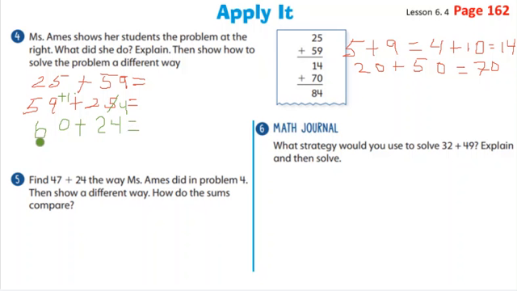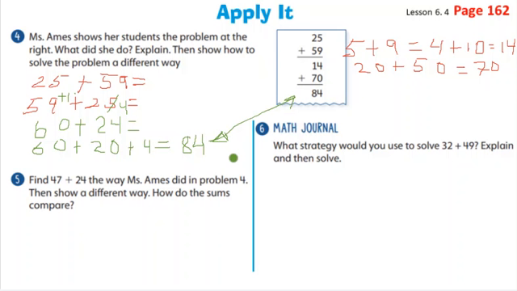Let's break it down a little bit further. 60 plus 20, that's 2 tens, plus 4 equals, start with the 60, or the 6 tens: 6 tens, 7 tens, 8 tens, so that's 80. And then 4 ones, 84. So I'm getting the same answer, just doing it a different way.